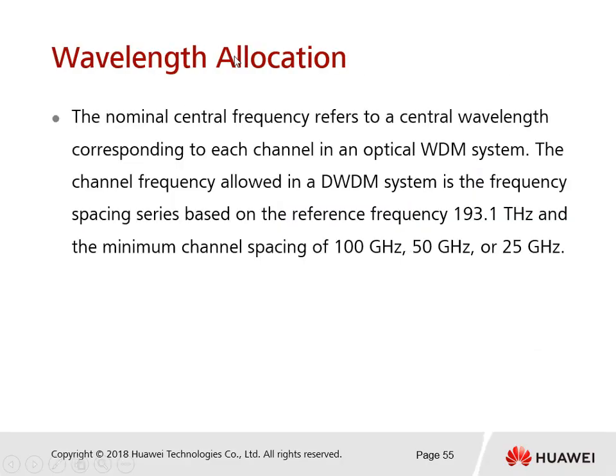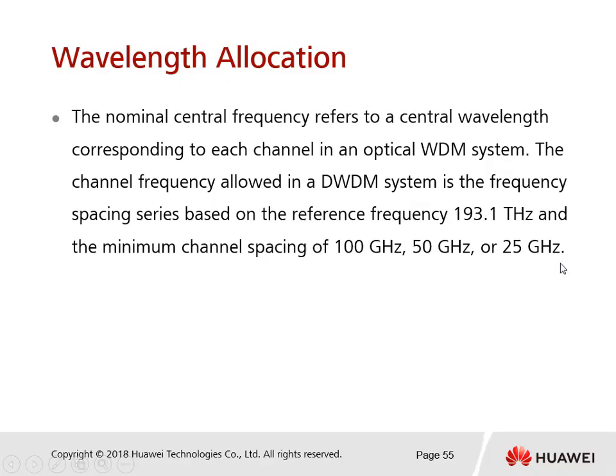So which kind of WDM frequency can we use for our WDM network? I think it's already been defined in ITU-T G.694.1, which gives us the standard. Actually, this frequency grid has three different channel spacings: 100 GHz, 50 GHz, or 25 GHz.